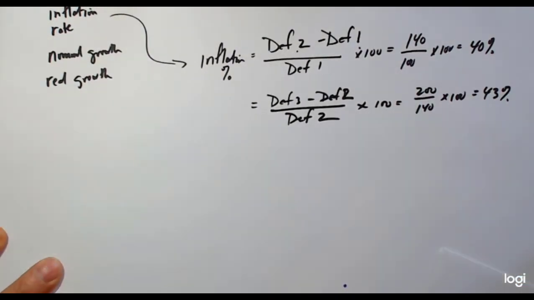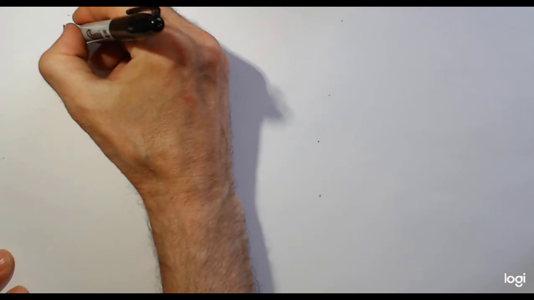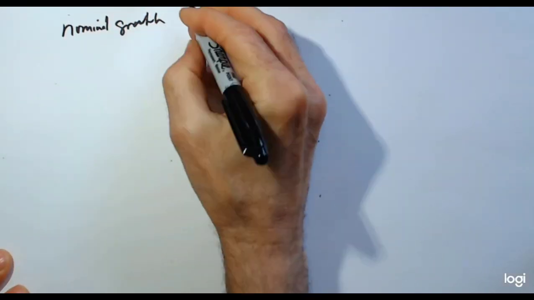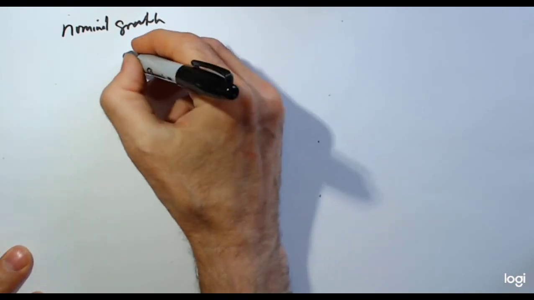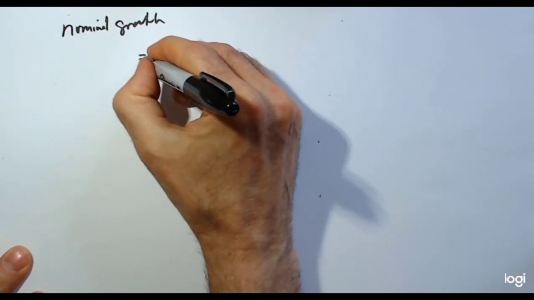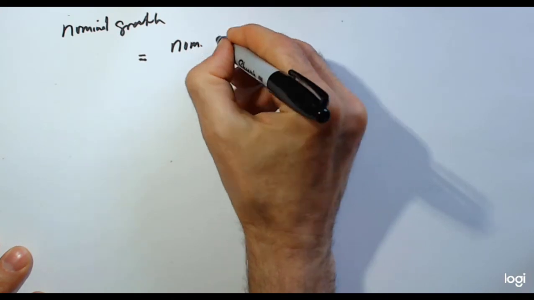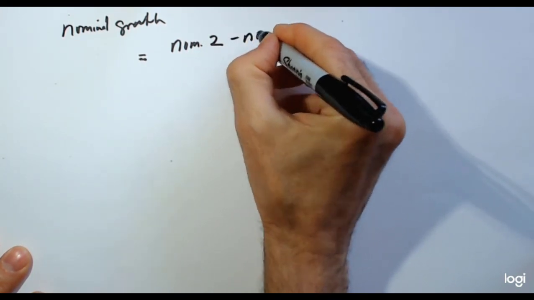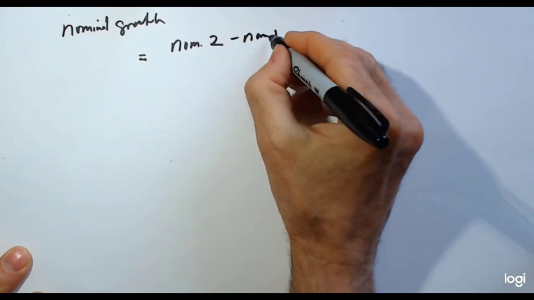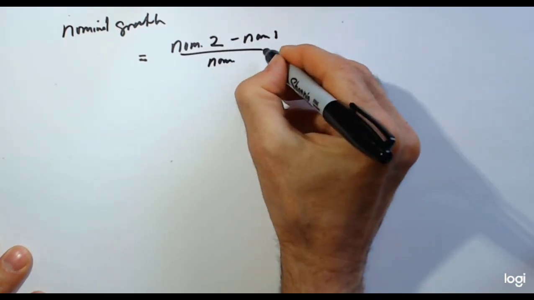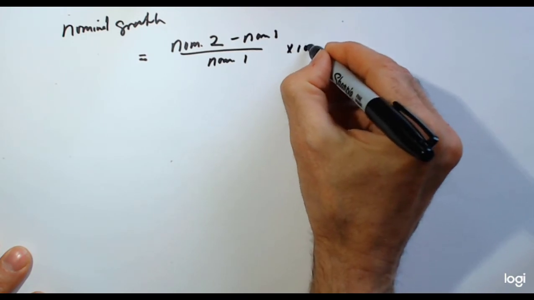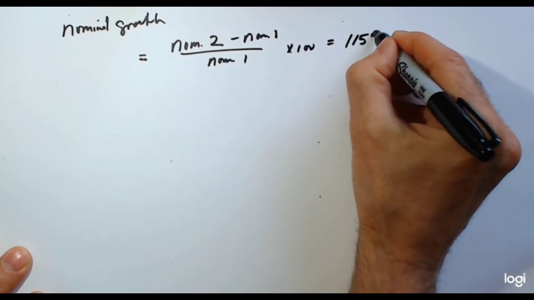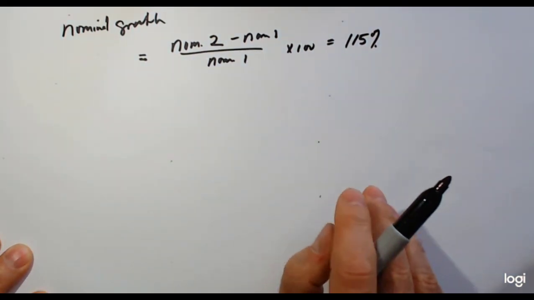Now, what is nominal growth? So nominal growth is calculated the same way, and that equals nominal GDP in year 2 minus nominal GDP in year 1 divided by nominal GDP in year 1 multiplied by 100, and that will give us 115% nominal growth.